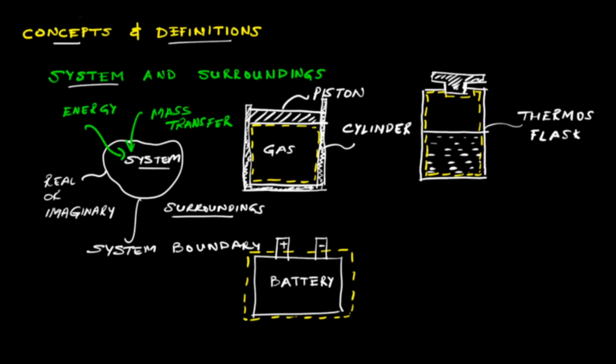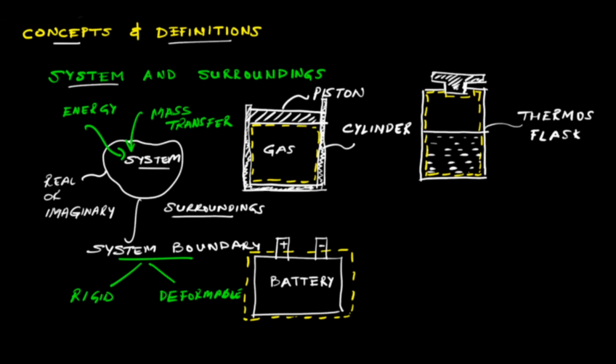Later we'll see this energy can be in terms of heat, in terms of work, and these boundaries, the system boundary, can be rigid. They may also be deformable. For example, in this thermos flask, we have a rigid boundary. But here, if we pull this piston up, then our boundary will be deformable.